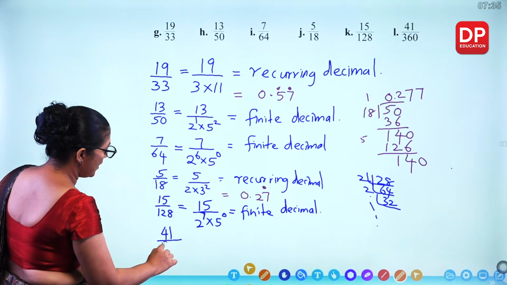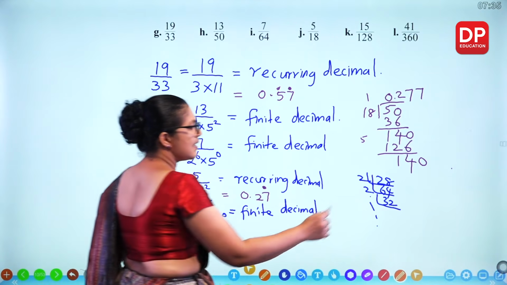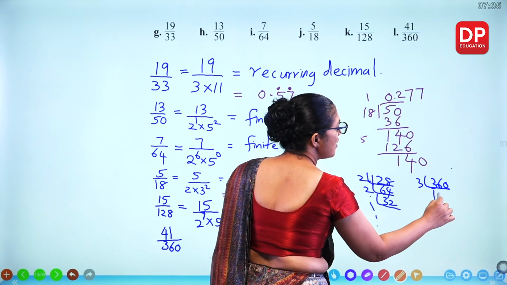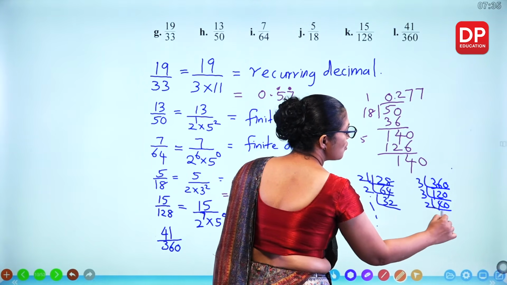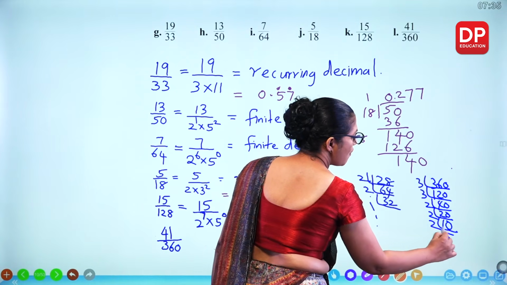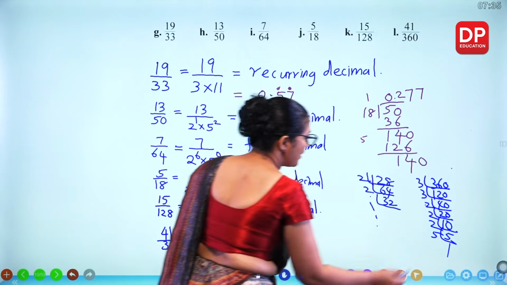41 over 360. 360, when you divide, what do you get? 3 times 1, 120, 3 times 4, again 2 times 20, 2 times 10, 2 times 5. How many 2's? 1, 2, 3.